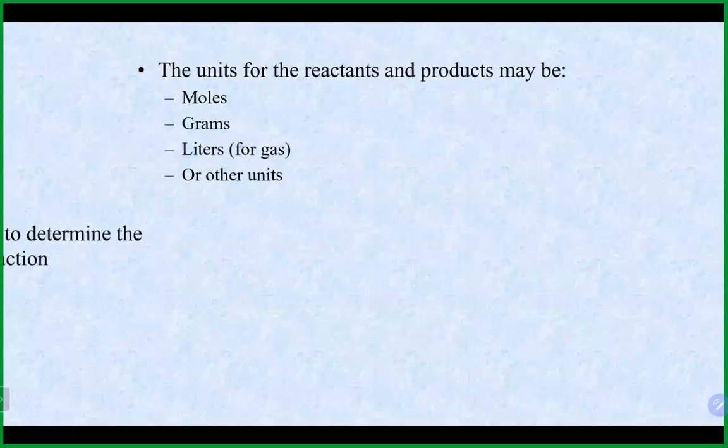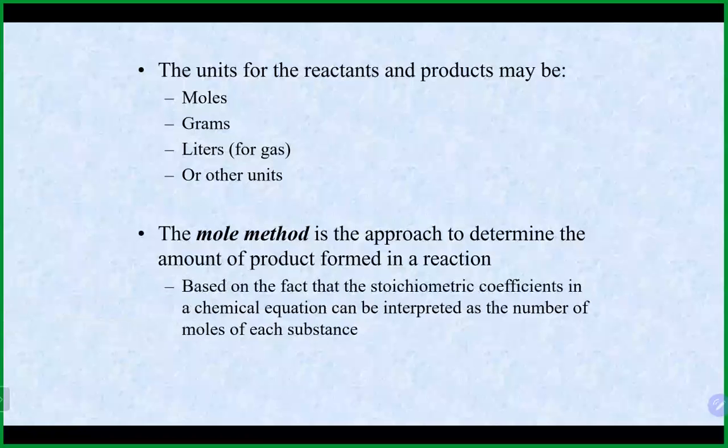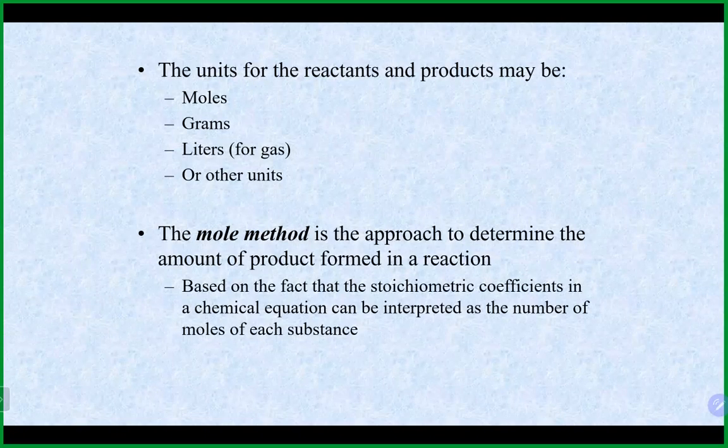Now, when we talk about the units that we commonly come across, I would say moles and grams are very common. But later, when we talk about gases, liters is also a very common unit that we use in stoichiometry, and it can be other units as well. But I would say in most cases, it's grams to moles that we use.